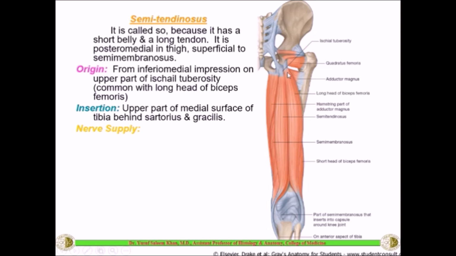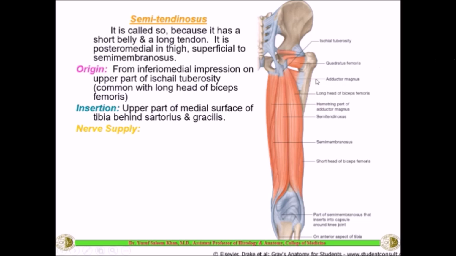If you remember this picture, it takes origin from the inferomedial part. The biceps femoris has two heads. This is the long head, and the short head will be on the other side, deep inside. The long head of biceps femoris as well as the semitendinosus take origin from the same point, that is the inferomedial impression of the upper part of the ischial tuberosity.